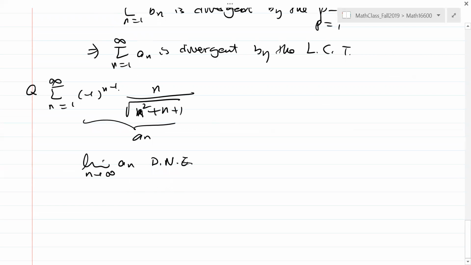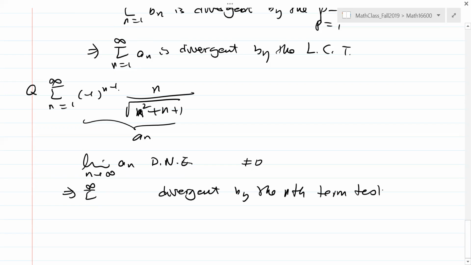So it does not approach any finite number. The limit does not exist, of course, it's not going to be 0. So that implies the series is divergent by the nth term test.